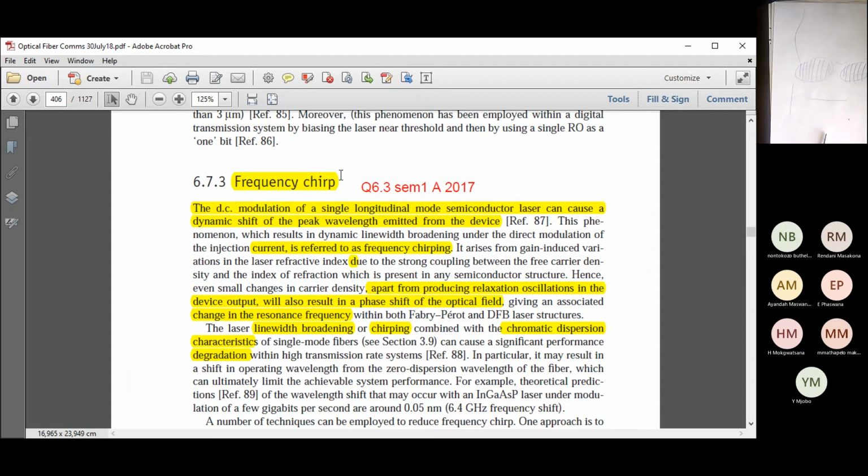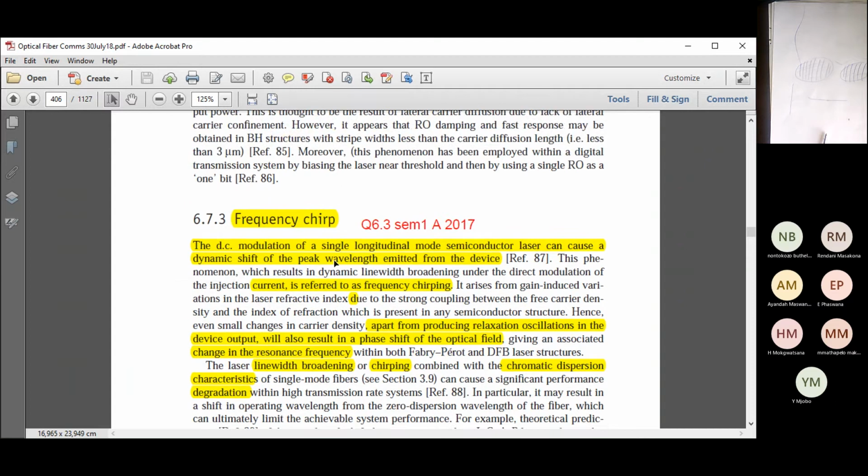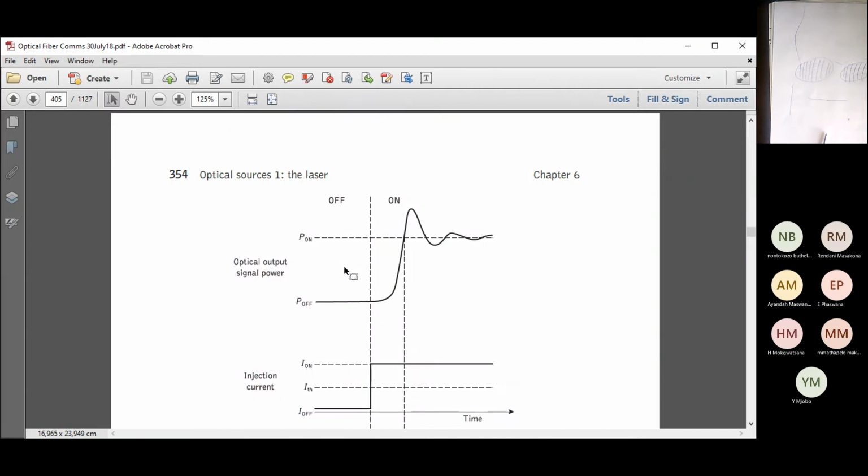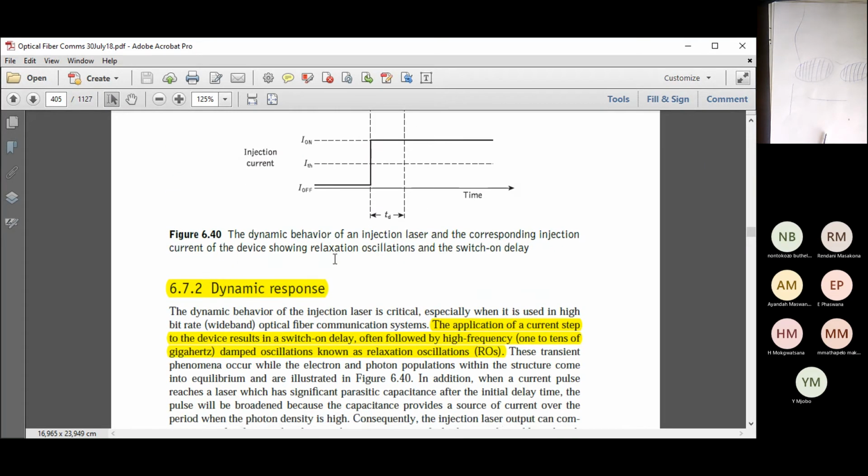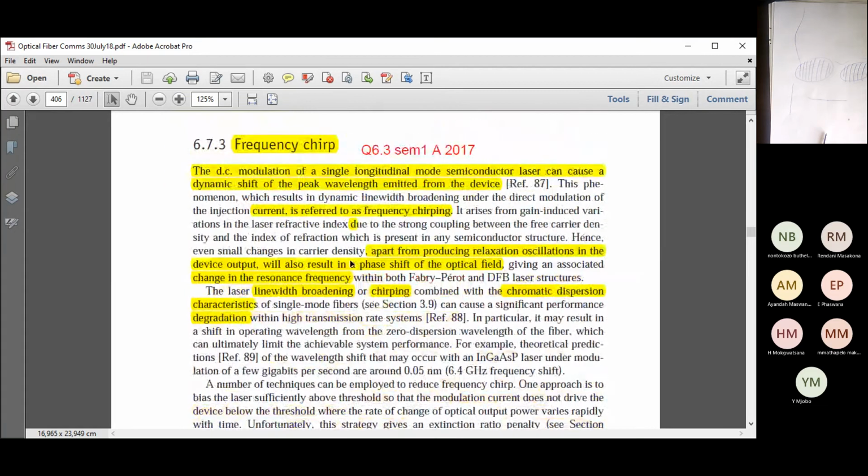Look, frequency chip. I asked, what is that other one that we just did now? That incoherency, and what is a frequency chip? A frequency chip is when, now I must always read all this stuff, but the frequency chip is when a frequency jumps from one frequency to another one.